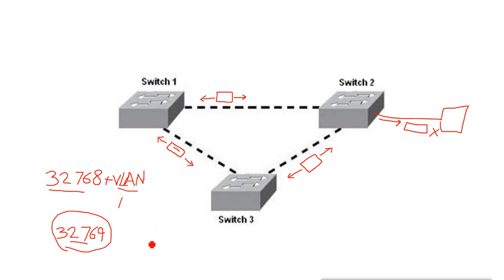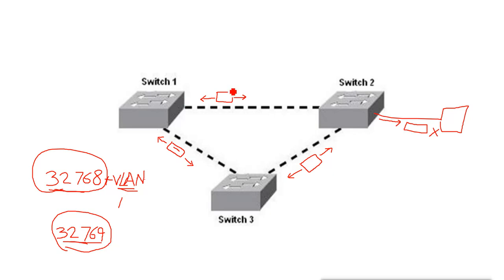Now suppose we have only one VLAN on all three switches, and the bridge priority is a fixed value, and we have only one VLAN ID. Then all these three switches have the same bridge ID, the same switch ID.